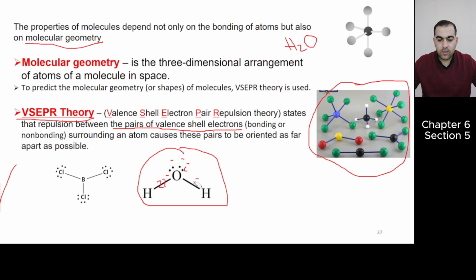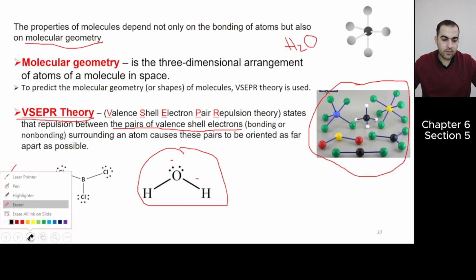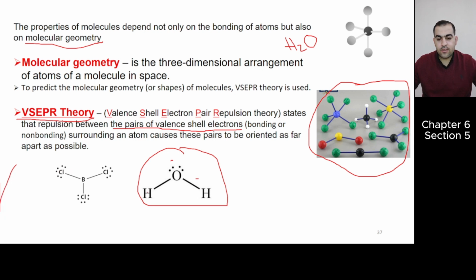Now we all know oxygen has eight valence electrons. Between these there's repulsion. This lone pair pushes the shared pair. The shared pair also repels the lone pairs here.